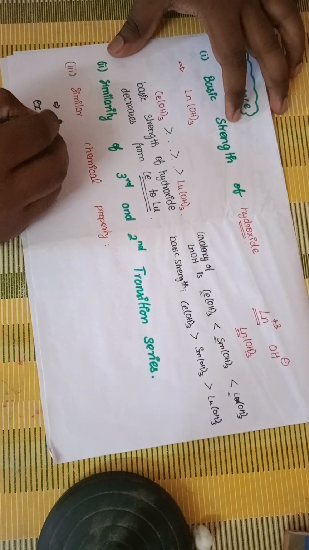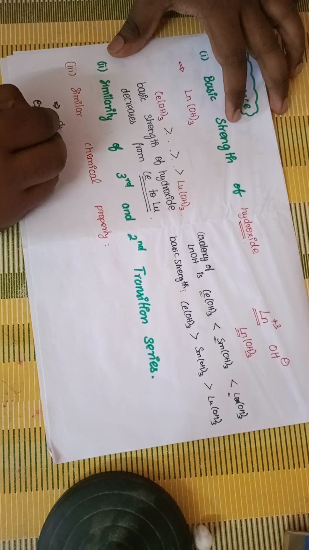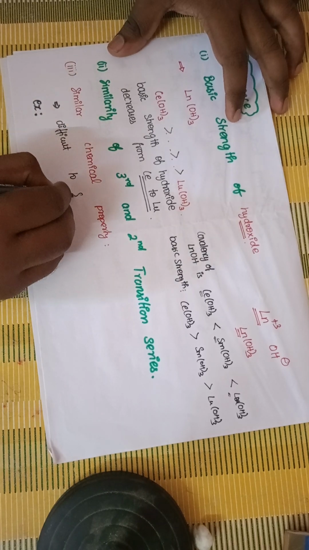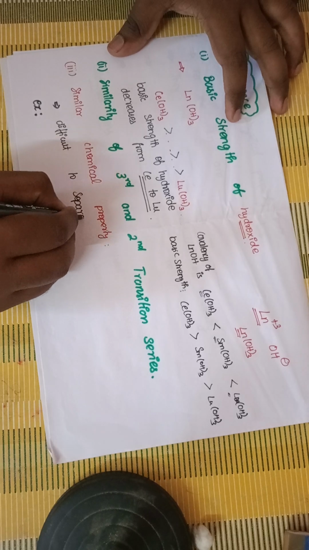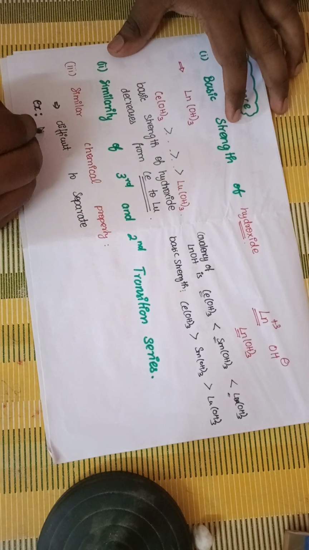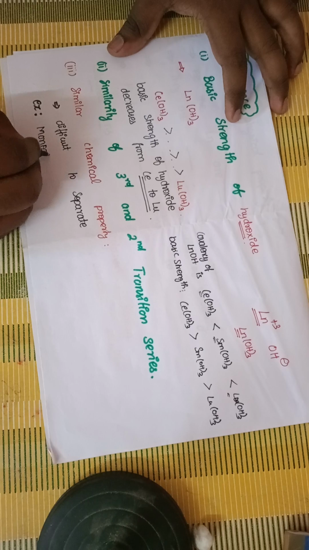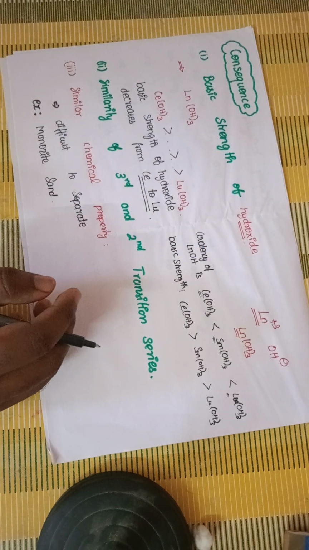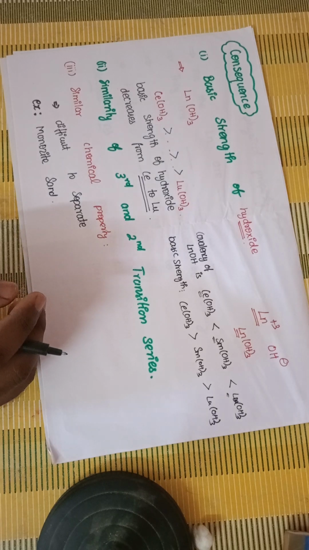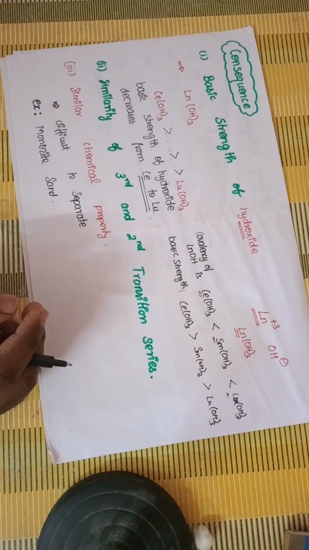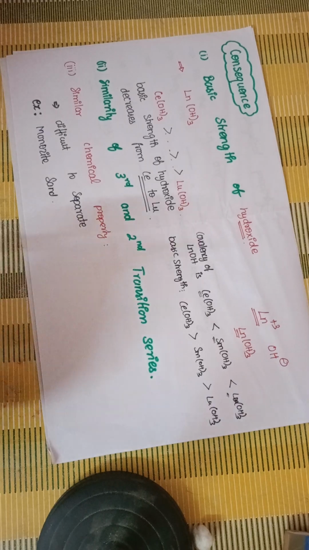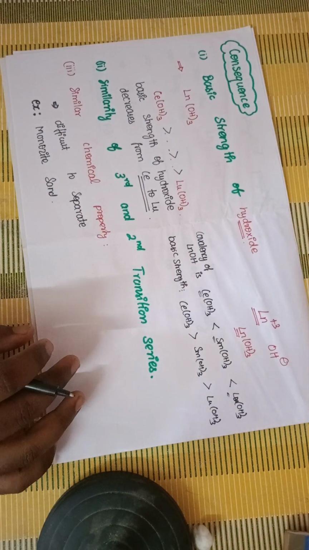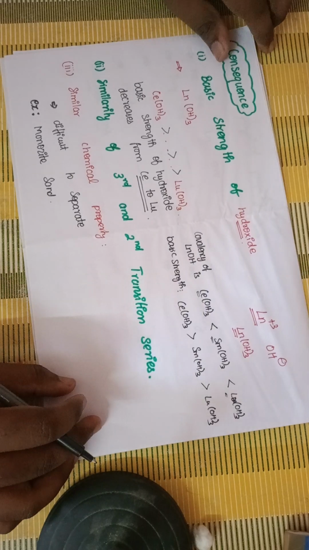Due to similar chemical property, they are difficult to separate. An example is monazites. Monazite contains ions of similar size, so it is very difficult to separate them.